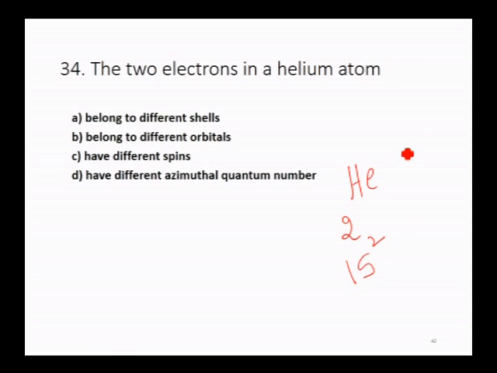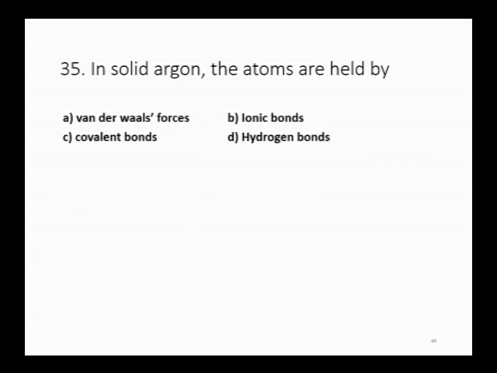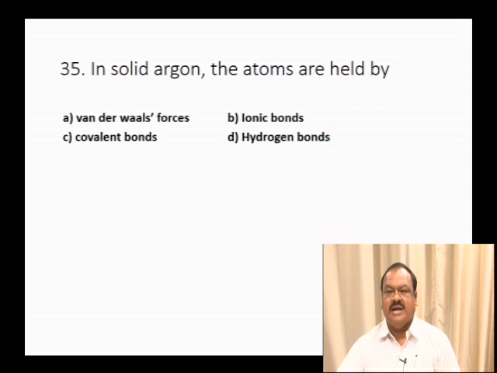Both electrons have different spins. So, suitable answer is C, have different spins. In solid argon, the atoms are held by van der Waals forces, ionic bonds, covalent bonds, hydrogen bonds. In solid argon, atoms are held by van der Waals forces. So, answer is A.